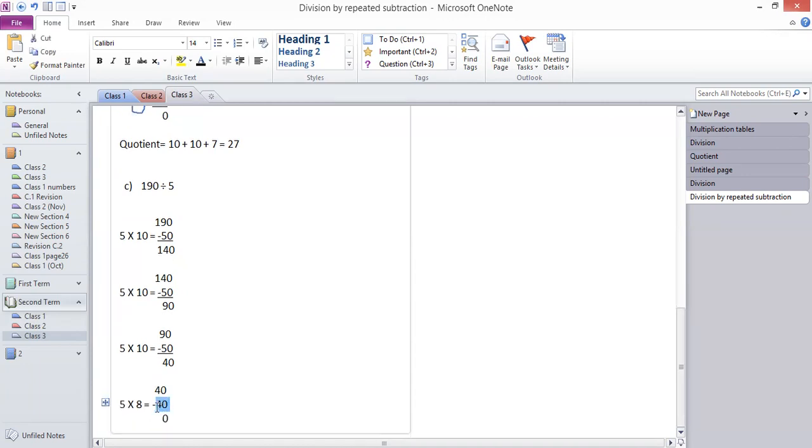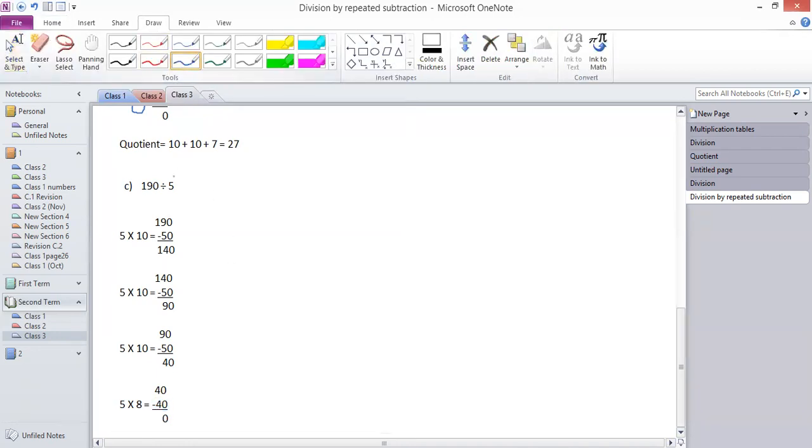And now we have to find the answer. For finding the answer, we will check the numbers we multiplied. This is 10, 10, 10, and 8.